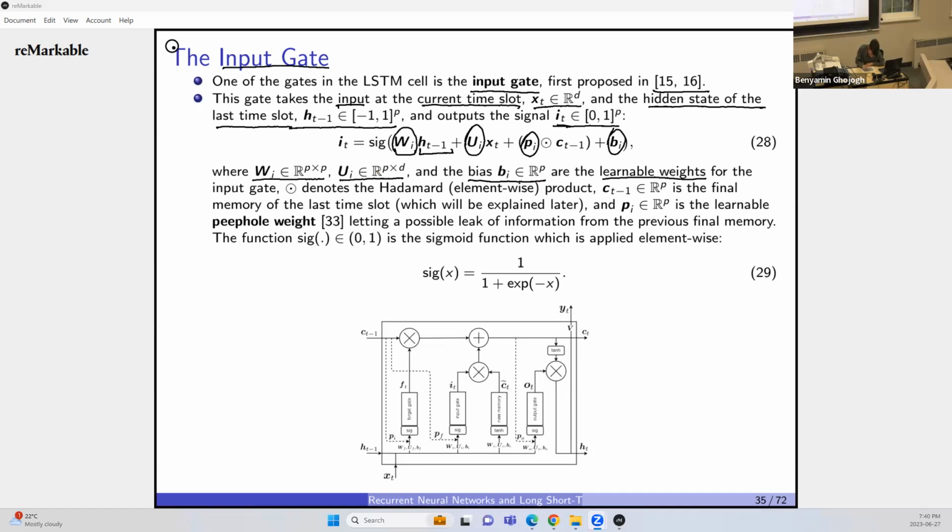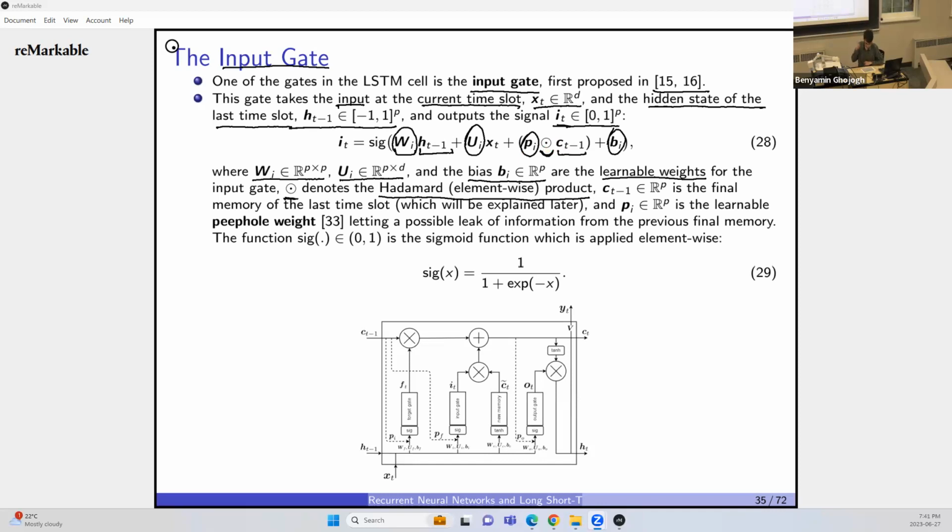What is this notation here? This is the Hadamard product. These are terminologies to try to learn. Whenever you write a paper, rather than saying, for example, if you multiply two vectors or two matrices element-wise, don't say element-wise product. Call it Hadamard product. So say, okay, Hadamard or element-wise product. So it basically means p_i element-wise times c_{t-1}.